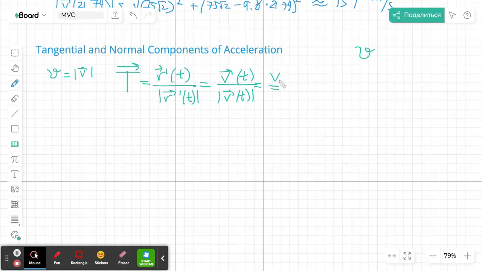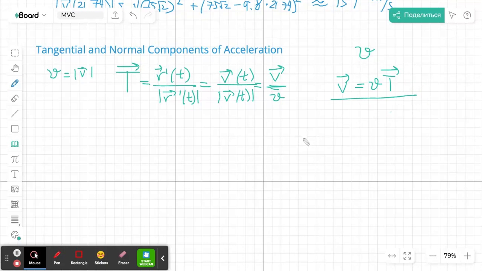And now we can say it is v over upsilon. Which means, if you look at just the beginning of this equation and the last one, we can say that vector v is upsilon times T. So we will need this guy a little bit later.